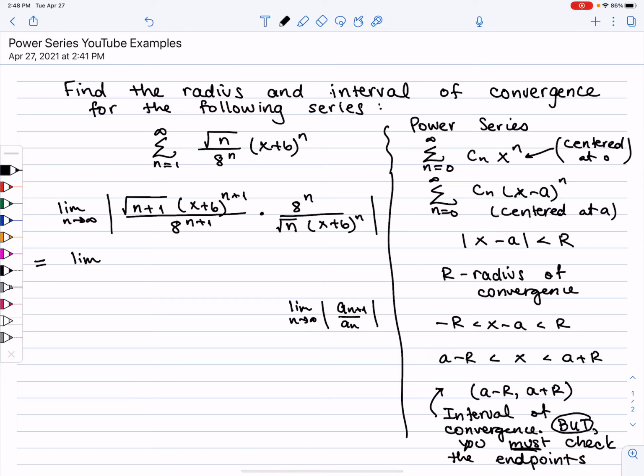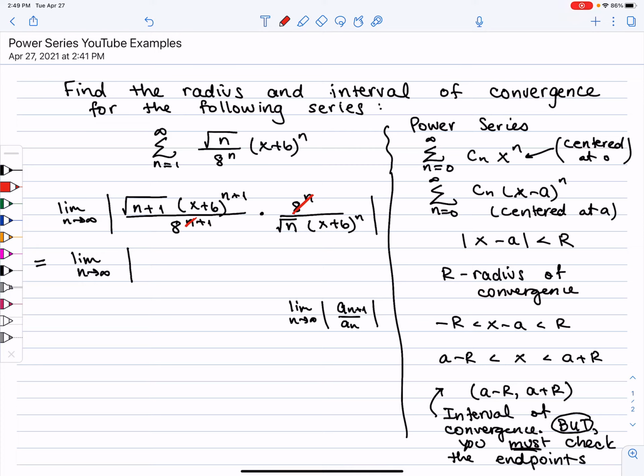We're going to have the limit as n approaches infinity of, we're going to simplify 8 to the nth power with 8 to the nth power. Remember, 8 to the n plus 1 is 8 to the nth times 8. So all that I'm doing is simplifying 8 to the nth power, both from the numerator and the denominator.